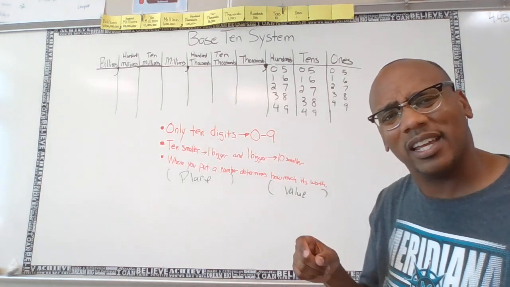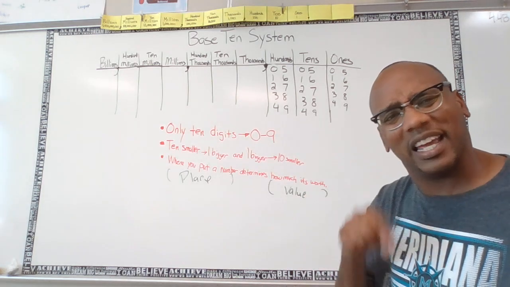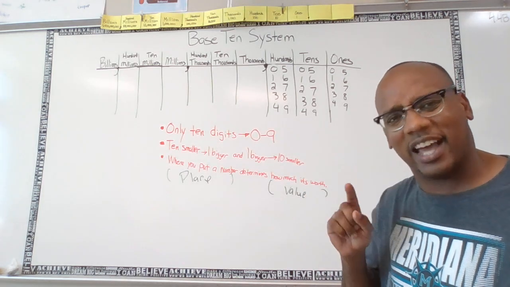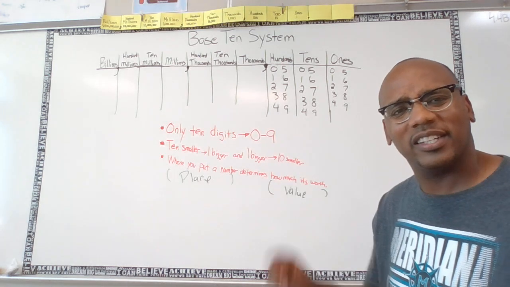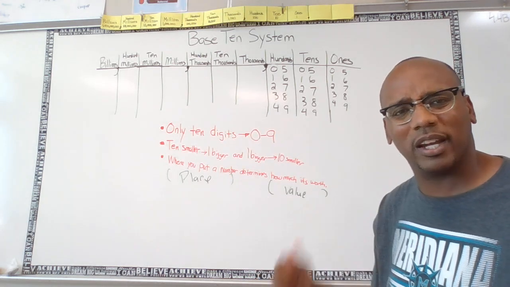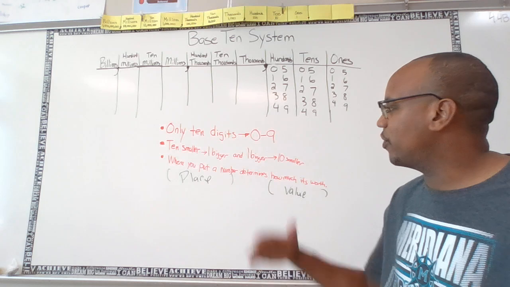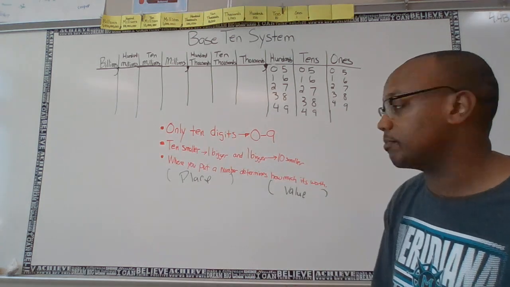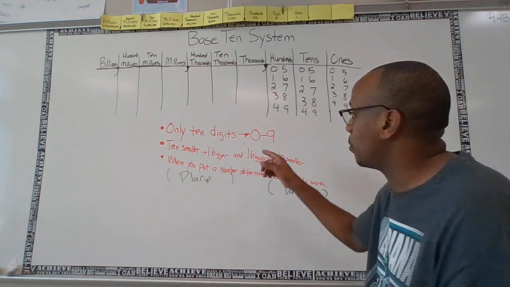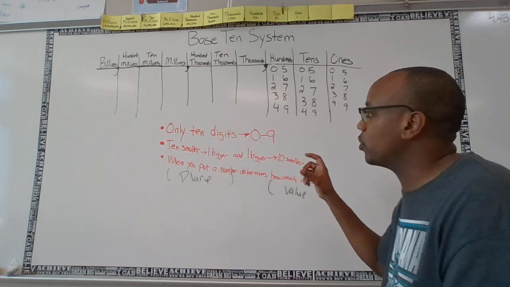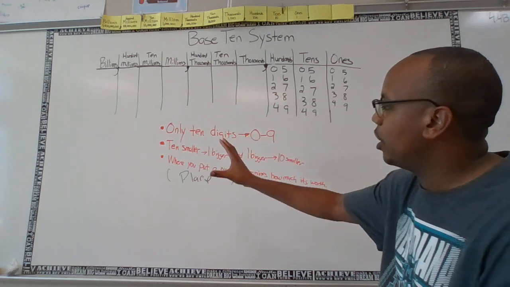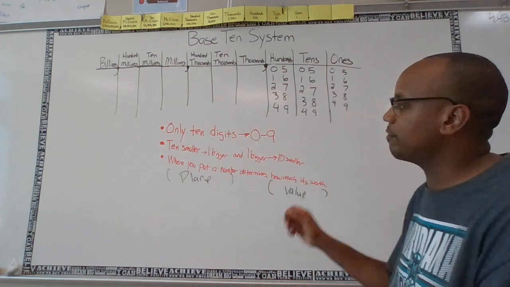Once I get to 10, 10 can no longer fit in that particular place. It has to move on to the left, or you can decompose it, break it down, and go back to the right. So these are the rules of the system. Again, there are only 10 digits, 0 through 9. 10 smaller numbers can be traded in for one bigger, and one bigger number can be traded back down for 10 smaller.